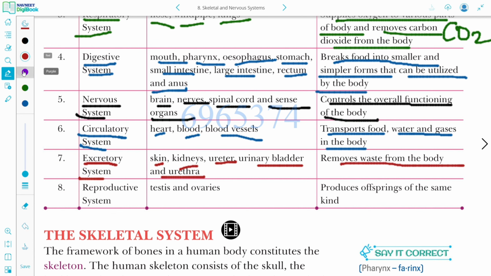Next is reproductive system. In reproductive system, testes and ovaries take part. Testes are found in males and ovary is found in females.